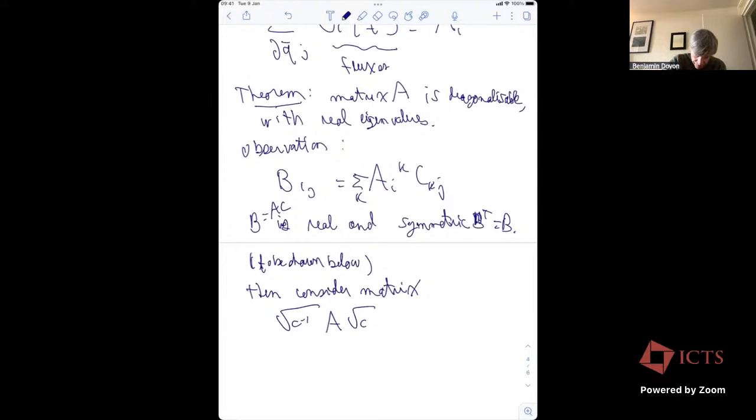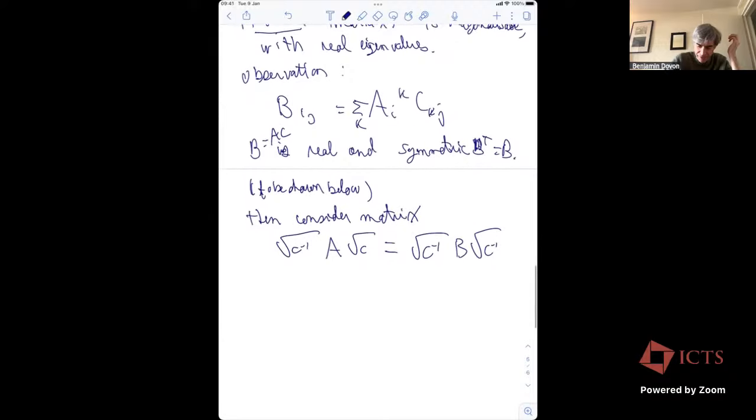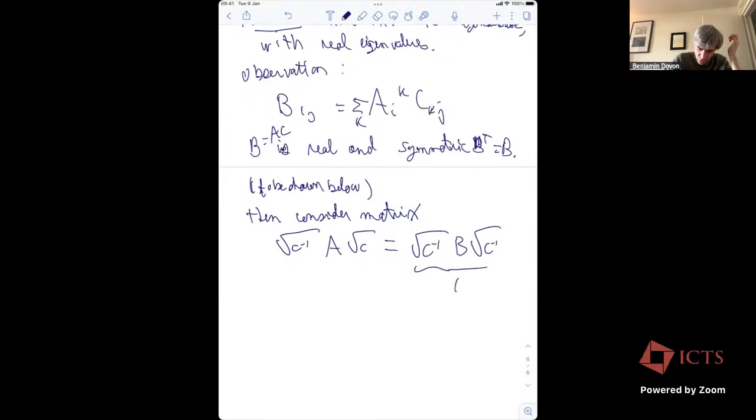This matrix is simple to relate to the B matrix because B is A times C. So this is nothing else but square root of C inverse times B times square root of C inverse. Let me call it B tilde; there's no official name for it.